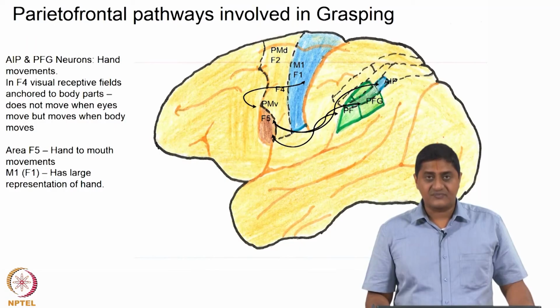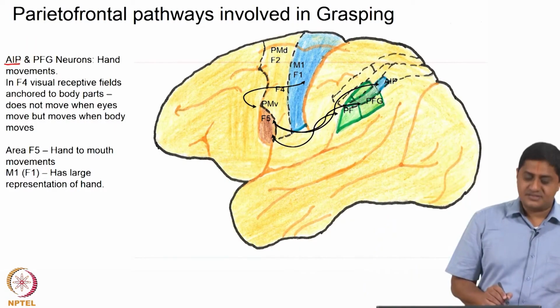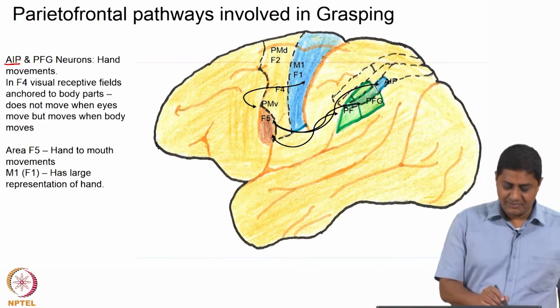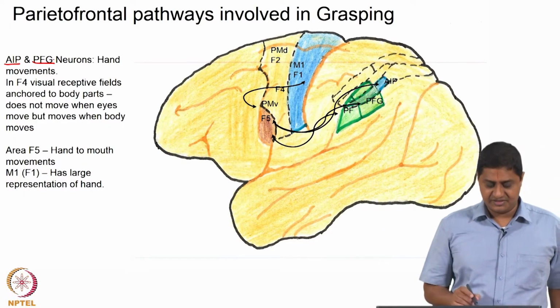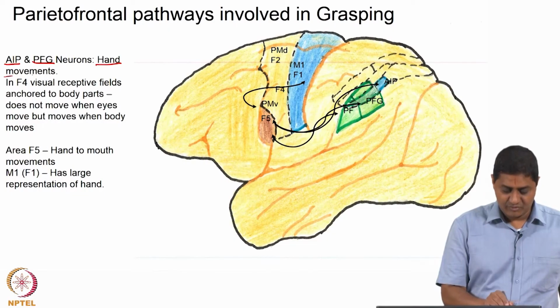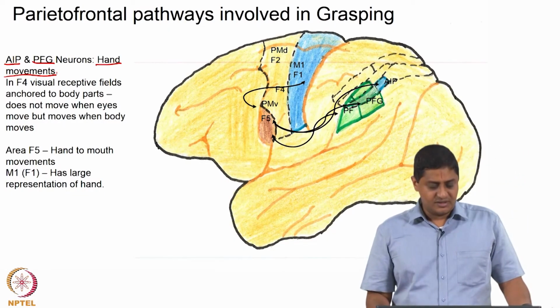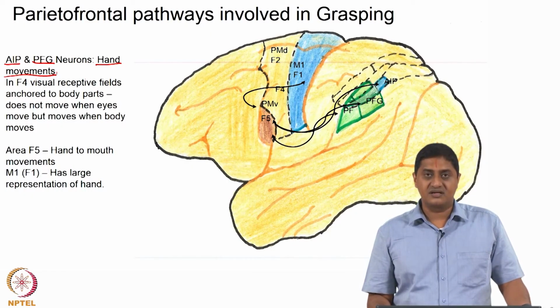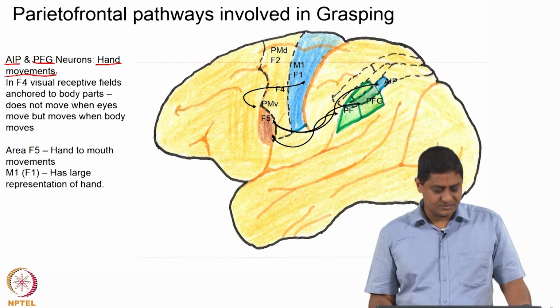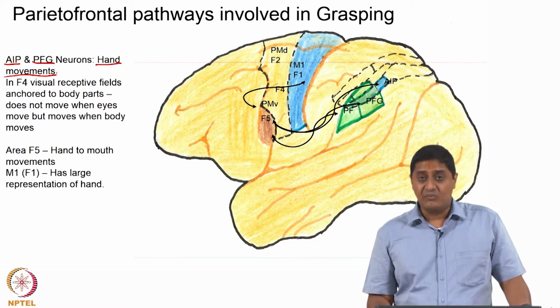We saw in the last class that neurons in AIP and PFG regions are responsible for hand movements, and in region F4 there are receptive fields anchored to body parts. These are active when the body moves, but not active when the eyes move. So, that means these are body related fields, is it not?